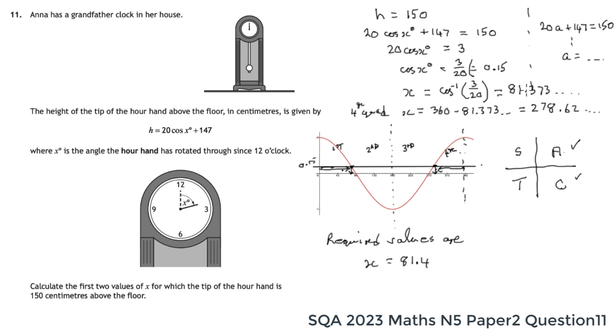I'll take them to one decimal place, so we'll keep the 0.3, chopping a 7 off, that'll move up to 4. So 81.4 and 278.6, chopping a 2 off, the 6 just stays as it is. So we'd better state how accurate these are. They are both to one decimal place.